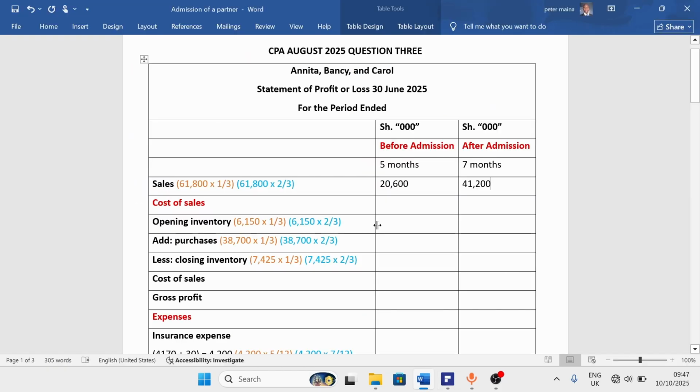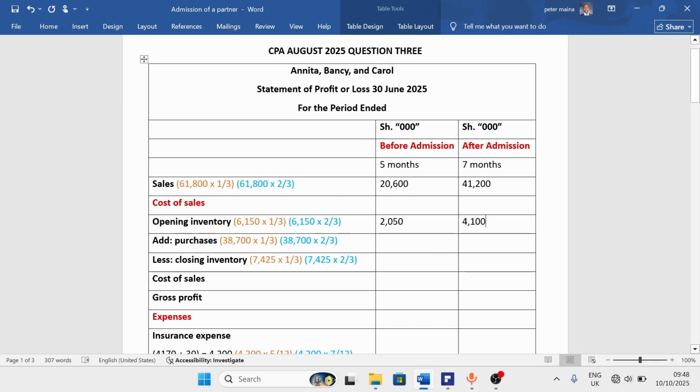So in the first period, we are going to take 1/3 of 61,50. So 61,50 we divide by 3, that gives us 20,50. Then in the second period, we are going to take 61,50 multiply by 2 divide by 3, that is giving us 4,100.